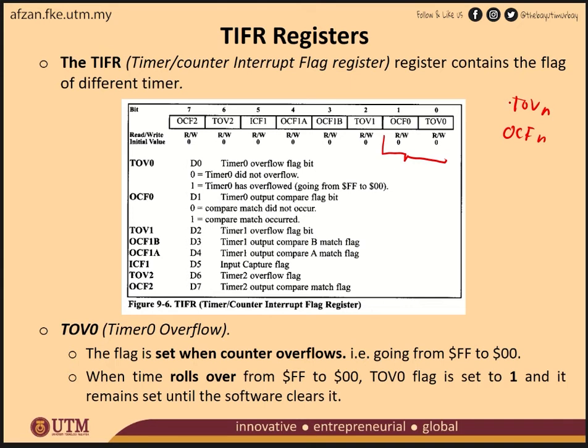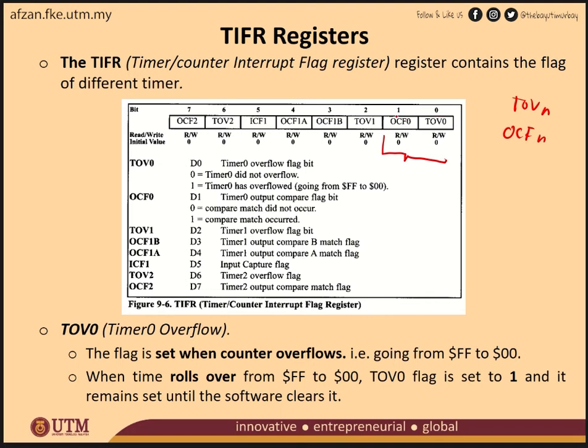TOV stands for timer overflow flag, while OCF stands for output compare flag. If you use overflow, you need to monitor the TOV flag. If you use CTC, you monitor the OCF flag.